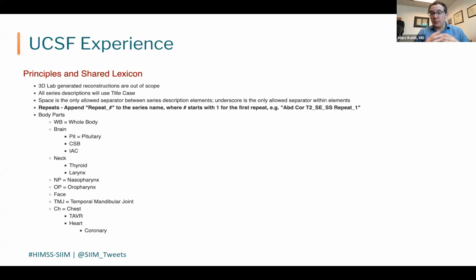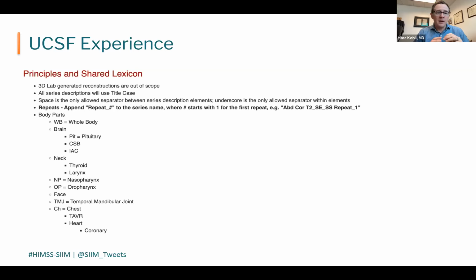We needed to create a set of principles about how the series descriptions would be put together. And we also had to create a shared lexicon for body parts and for things like CT slice thickness and MRI pulse sequences that could be reused over and over again.